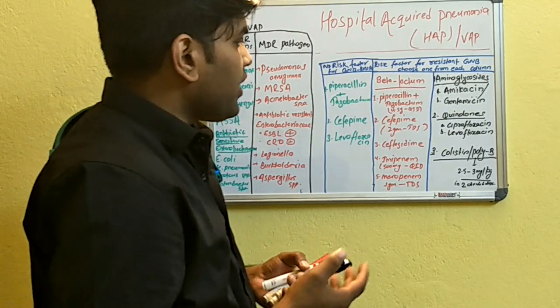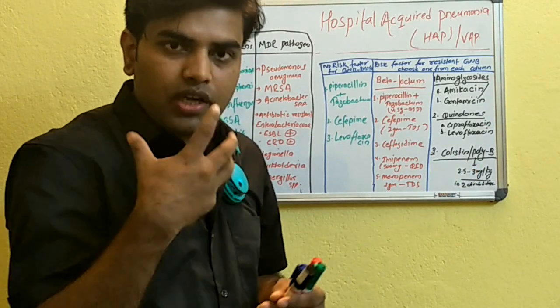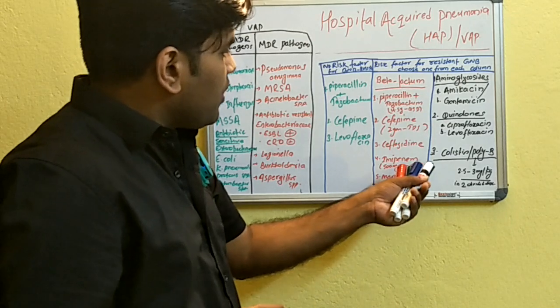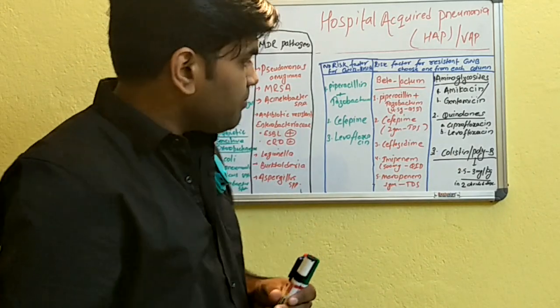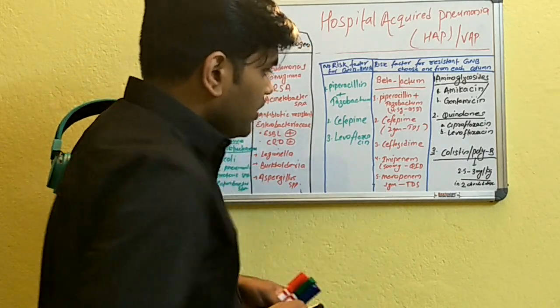In addition, if you are finding a very resistant bug, then sometimes you give colistin nebulization, million units, freshly prepared. That nebulization can be given. Another thing you have to remember is about meropenem.